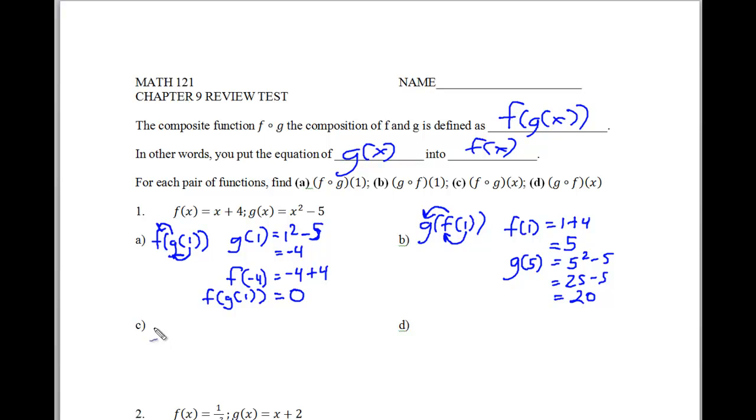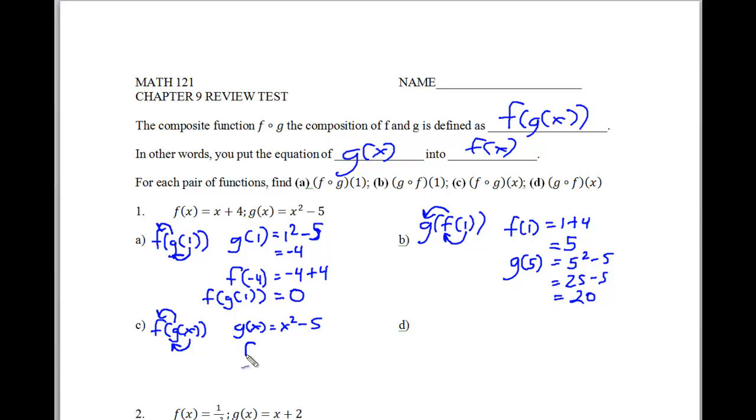Okay, problem C. Problem C is going to be to take my g of x and plug that into my f of x. I'm just going to plug x into g, which is already set up, and then my g into f. So my g of x is x squared minus 5.